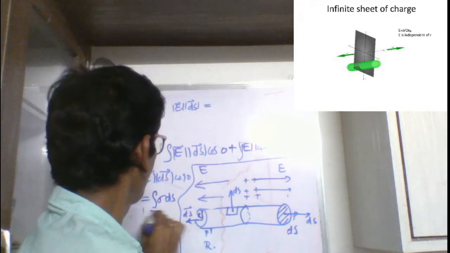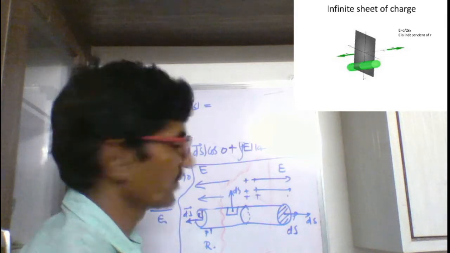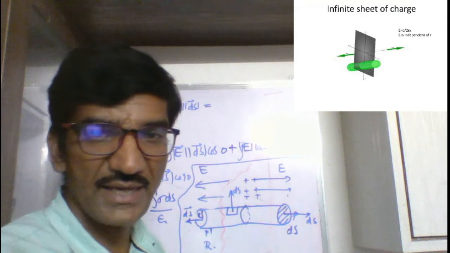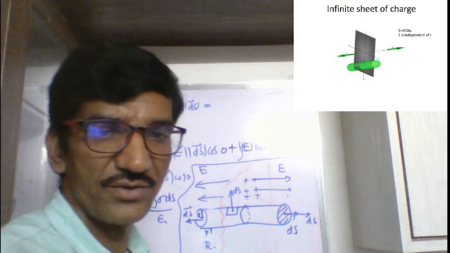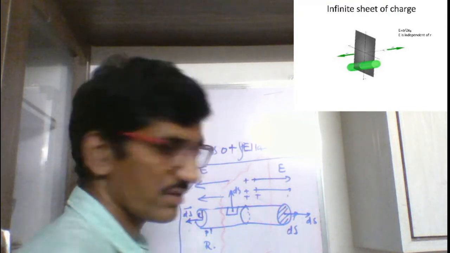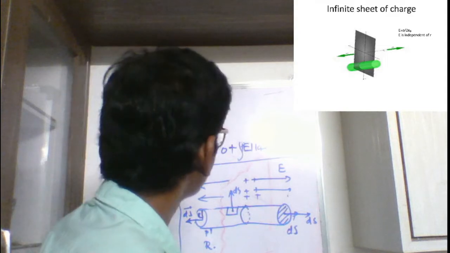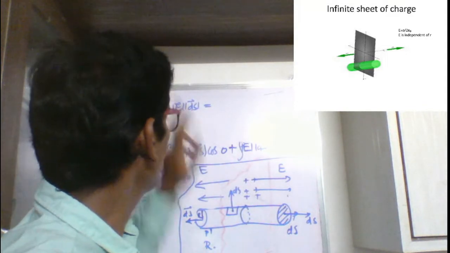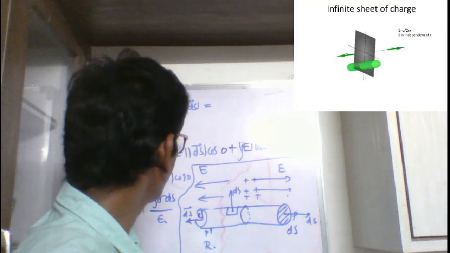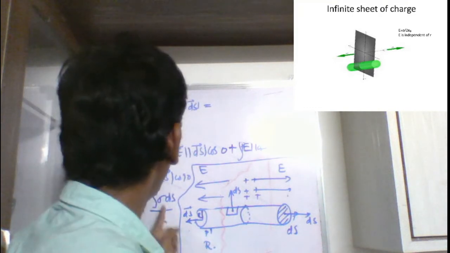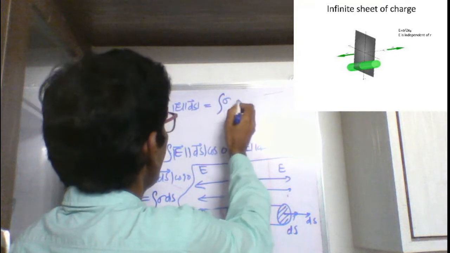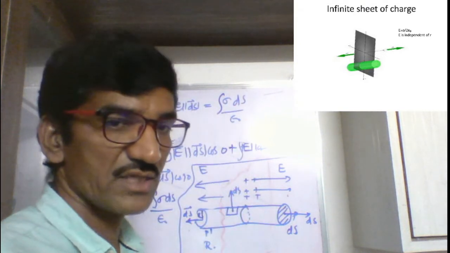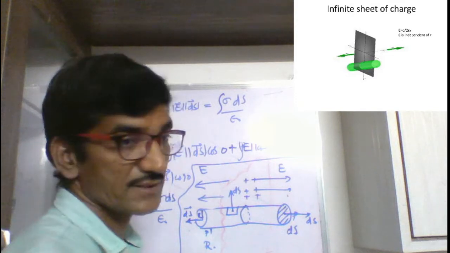Here, you have to write epsilon naught also, because the flux is equal to Q by epsilon naught. So 2 integral E ds is equal to sigma ds by epsilon naught.